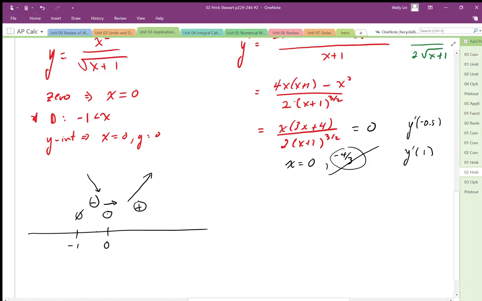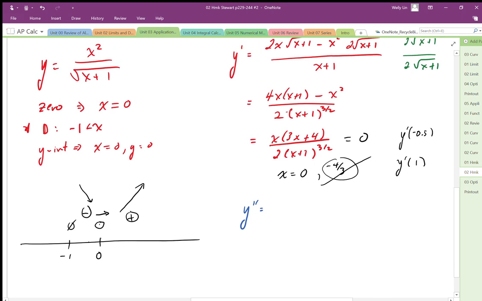So I'm going to do a second derivative, y double prime. When I do the y double prime, it's going to look a little bit messier here. I think maybe I'll start with y prime is equal to 3x squared plus 4x over 2 times the square root of x plus 1. Okay, and I'm going to differentiate that expression.